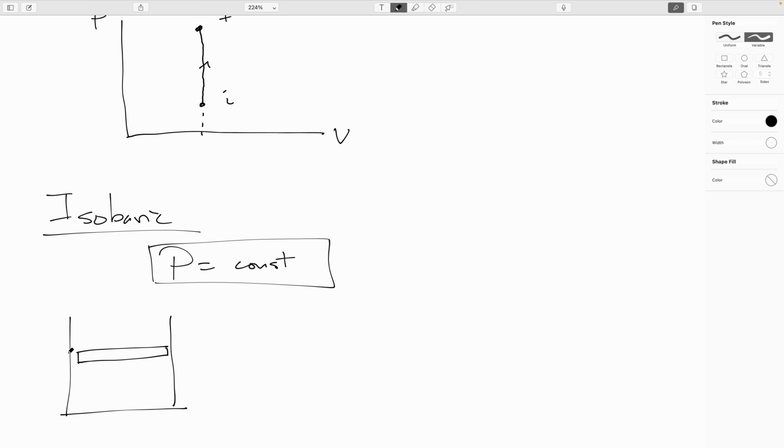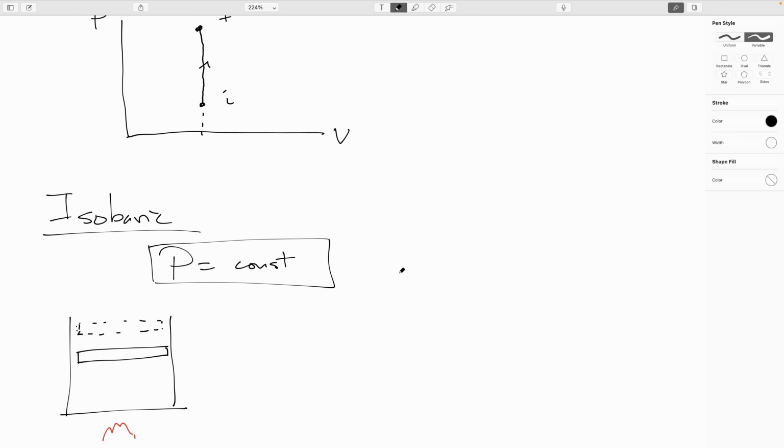So we've got some gas under a piston. I go ahead and light a Bunsen burner under this or something. This will cause the gas to heat up, and in the process it will push the piston out of the way. Well, the mass of the piston doesn't change, and for all practical purposes the air pressure above the piston doesn't change. So we maintain the same pressure throughout the process.